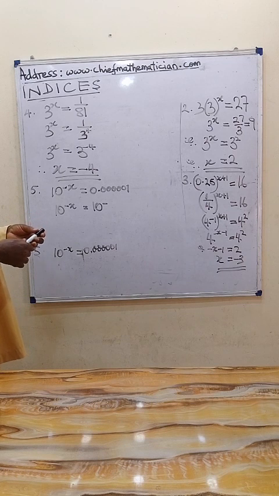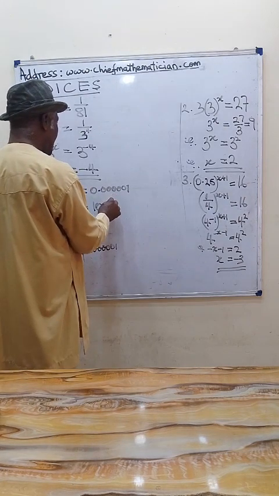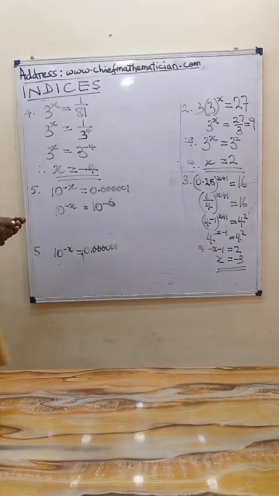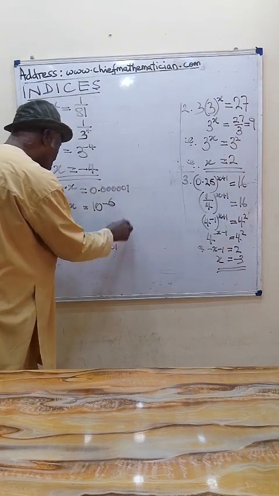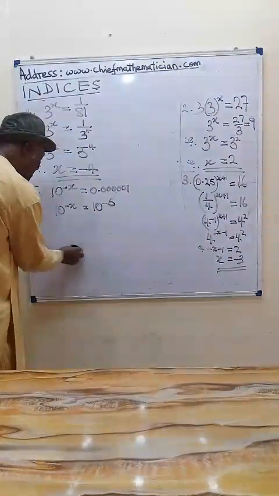I think it should be minus 6. Check whether it should be minus 6. You check it. 0.000001, is it the same thing as 10 to the power minus 6?